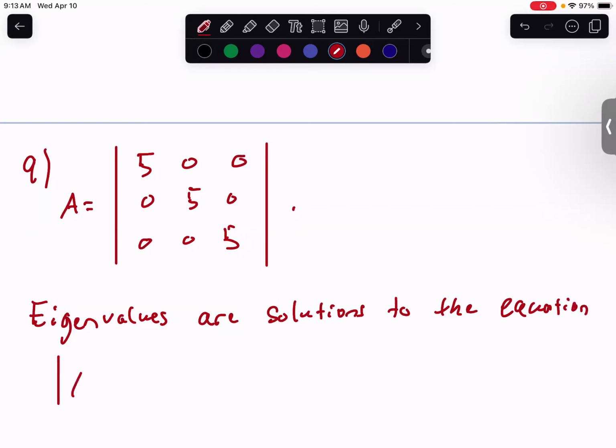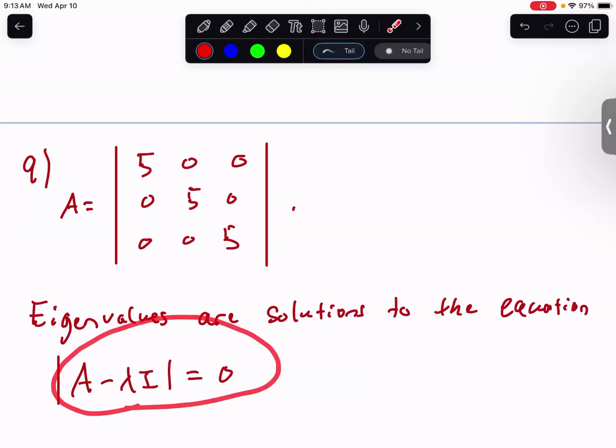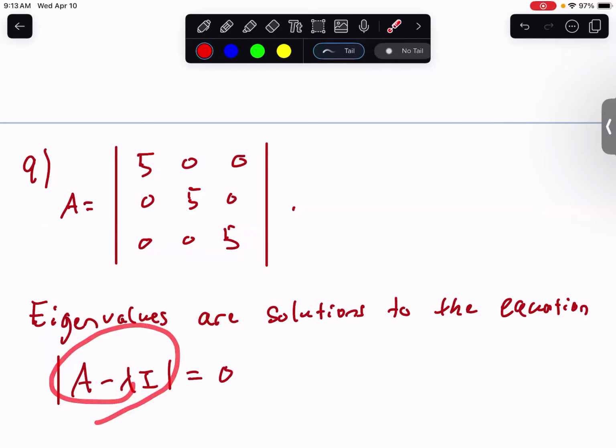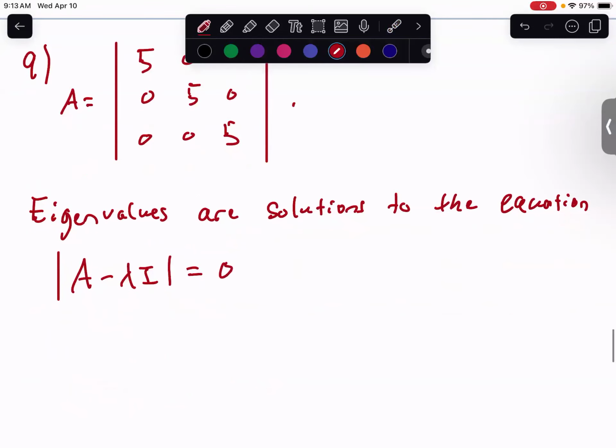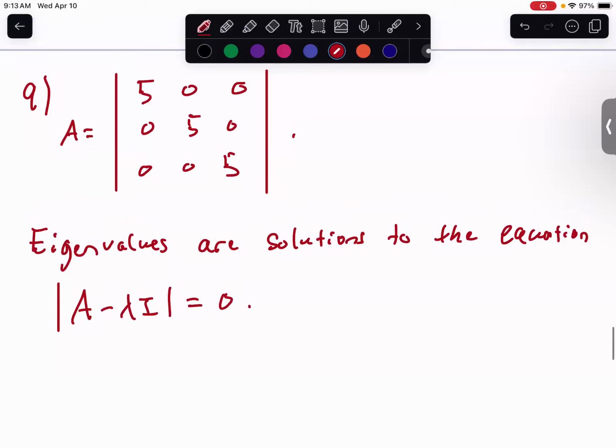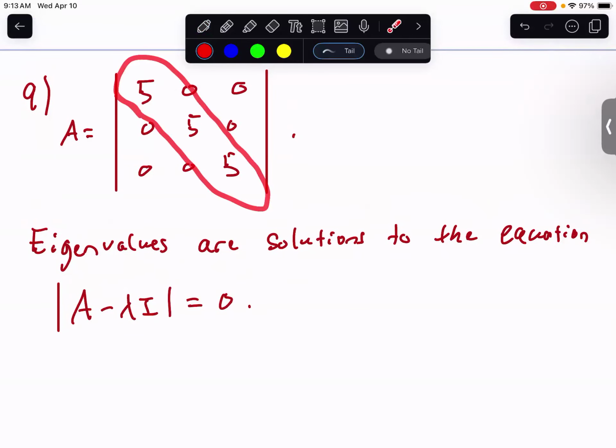If you take the determinant of A minus lambda I, the eigenvalues are the solutions of this determinant, right? You set this determinant equal to 0, and then you solve for the eigenvalues. So for this one, this part really isn't going to be so bad because we just have a diagonal matrix. So the determinant is just going to be the product along the diagonal.